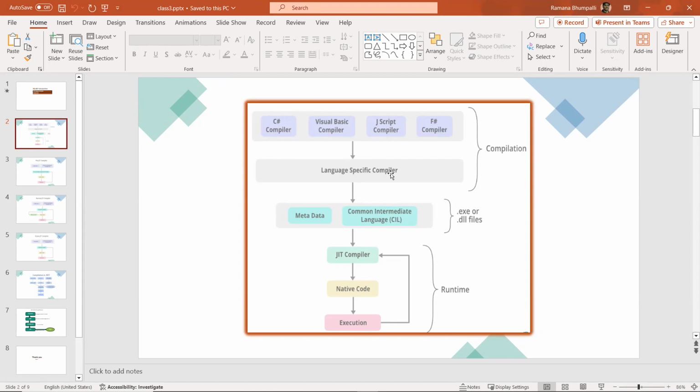These compilers will convert the code into MSIL or CIL, both are the same: Common Intermediate Language or Microsoft Intermediate Language. These can create EXEs or DLLs of your code, and that code is passed to a JIT compiler. The JIT compiler will convert it to native code, and then it starts executing it.